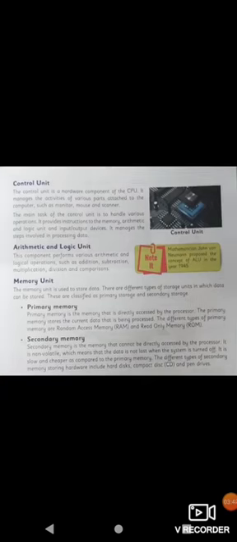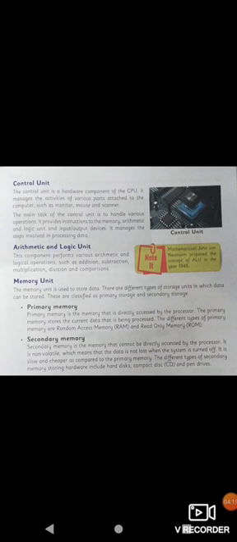So let's read further. The control unit. The control unit is a hardware component of the CPU. It manages the activities of various parts attached to the computer, such as monitor, mouse, and scanner. The main task of the control unit is to handle various operations. It provides instructions to the memory, arithmetic and logic unit, and input-output devices.